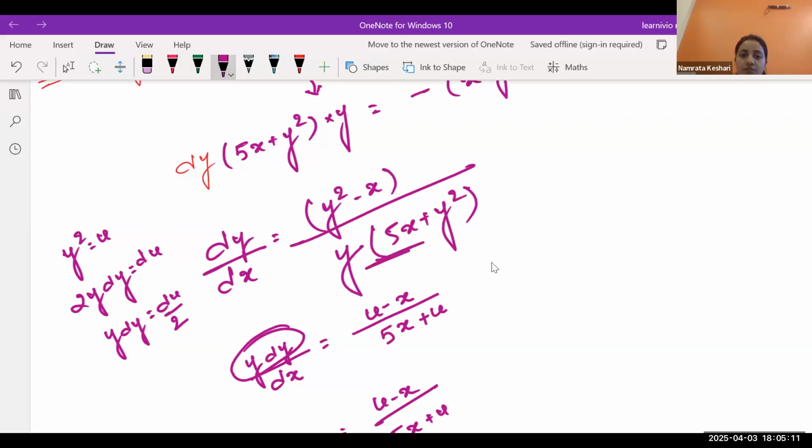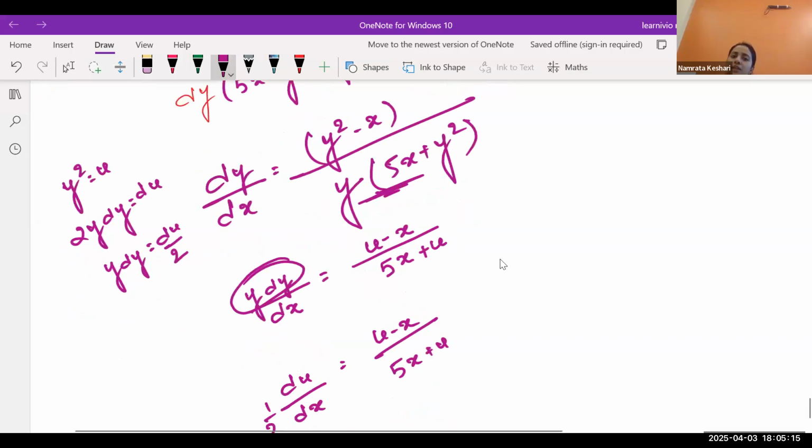You can clearly see 5xy we have over here. In the numerator we can take x together, but the denominator one. So I have taken for now this y on the other side, and here I have kept everything as it is, y square minus x and 5x plus y square.